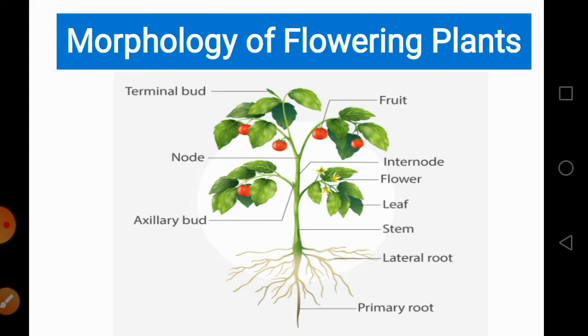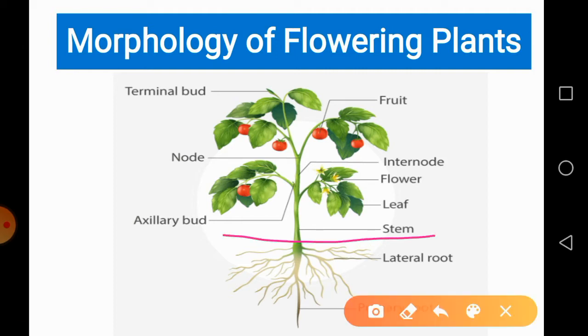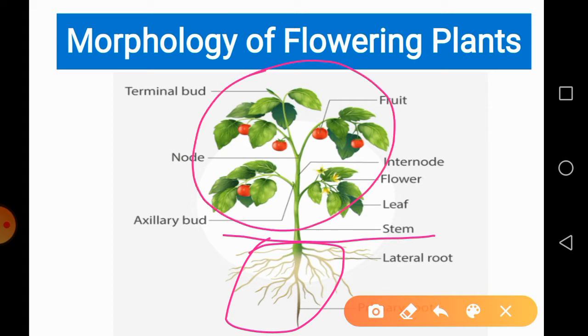When we look into the morphology of a flowering plant, a plant has two systems, that is the root system and the shoot system. The underground plant part which lies below the soil surface is called the root system, while the part present above the soil surface is called the shoot system.